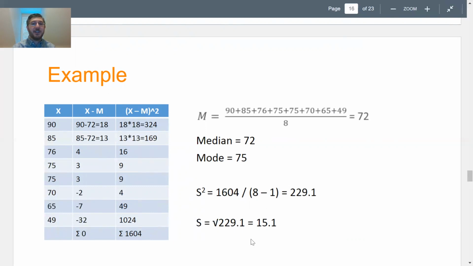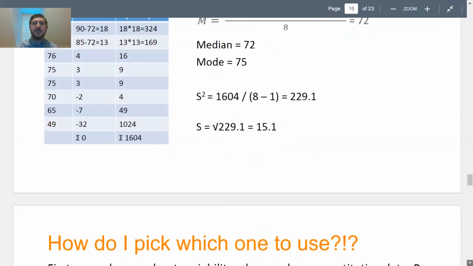So that's what the standard deviation is telling us: how varied scores are from the mean, how spread out scores are from the mean. So that's an example of calculating the variance and standard deviation.